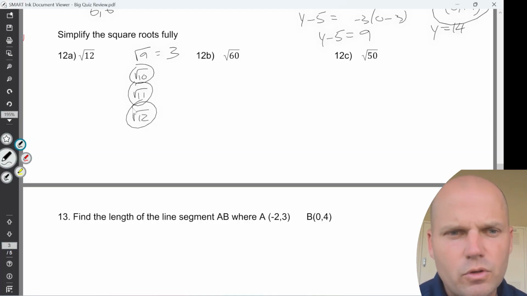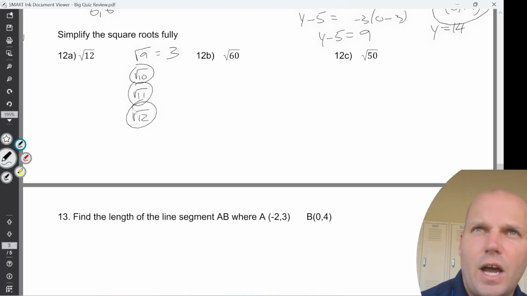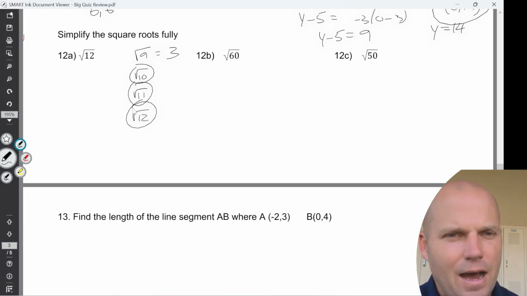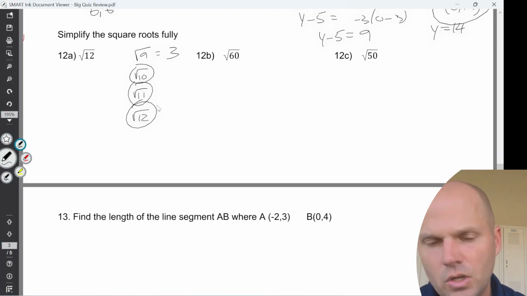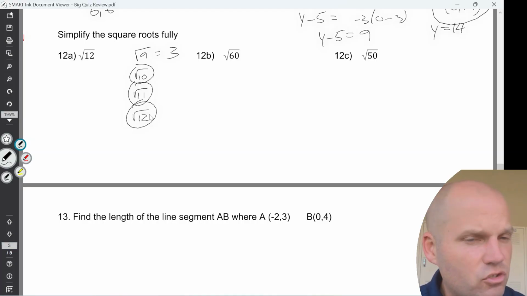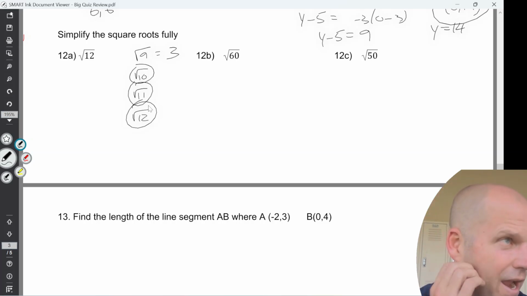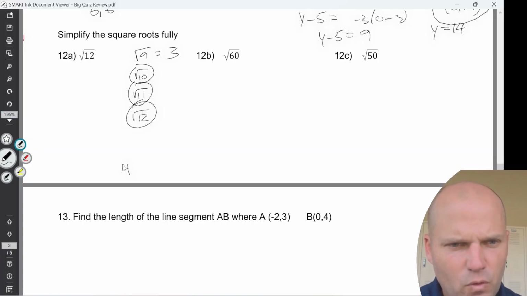However, some square roots we could rewrite to pull out the nice, easy numbers that exist in it, or to write what's called a simplest radical form. What I do is I try to find the greatest perfect square, like 4, 9, 16. Remember, 4, 9, 16, 25, 36.